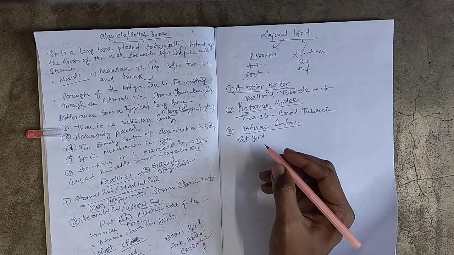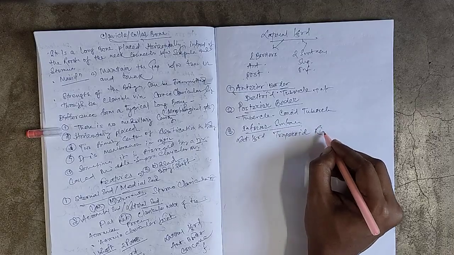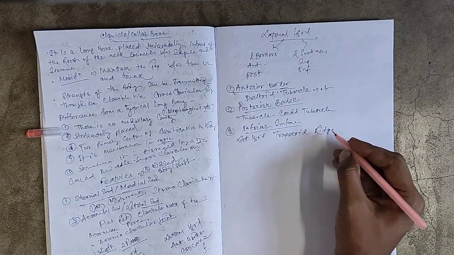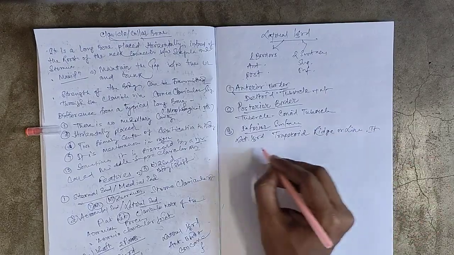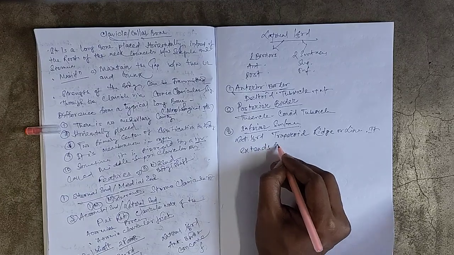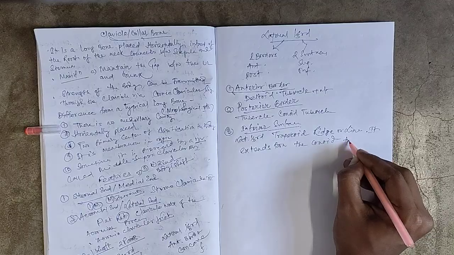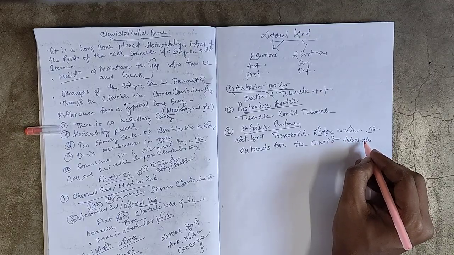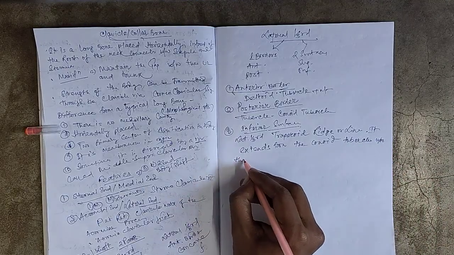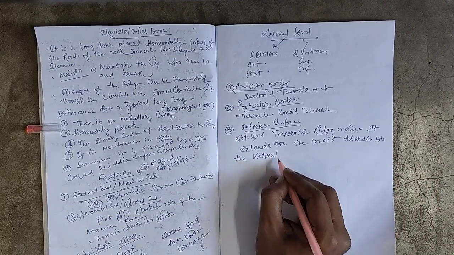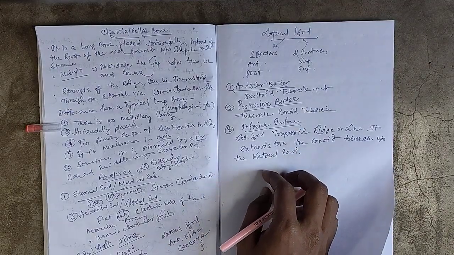There is a trapezoid ridge or line, and it extends from the conoid tubercle up to the lateral end, and in the superior surface there is nothing so much important structures.